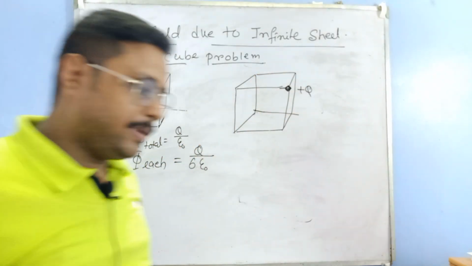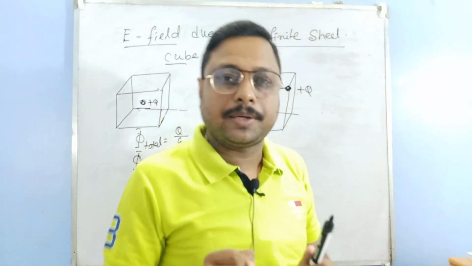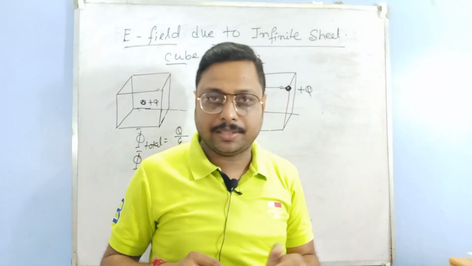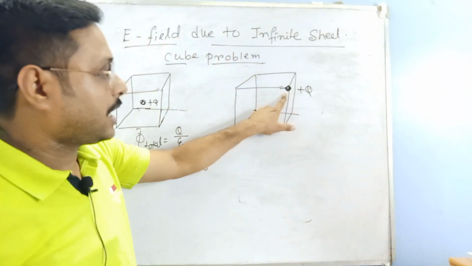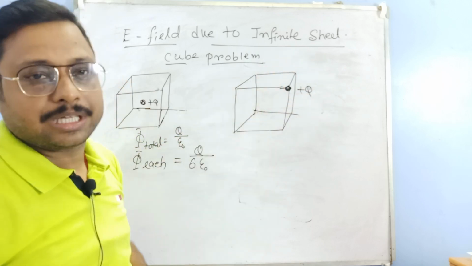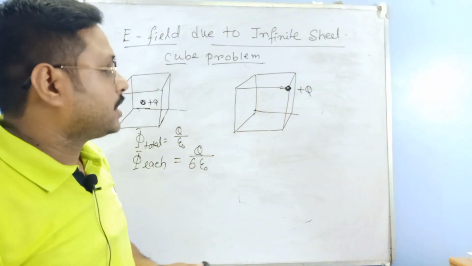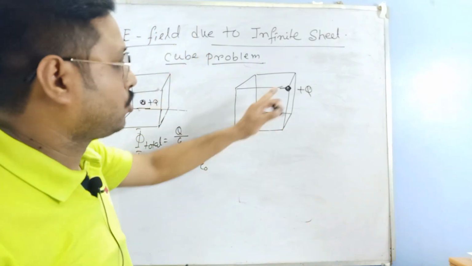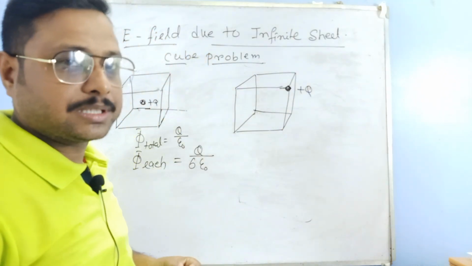Gauss law is applicable when the charge is kept in a closed surface. For an unclosed surface, this law is invalid. If we put a charge at a vertex, it does not mean a closed surface.